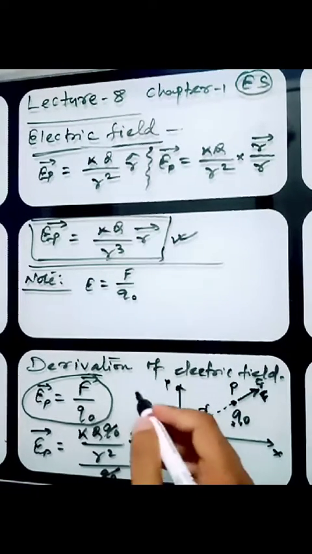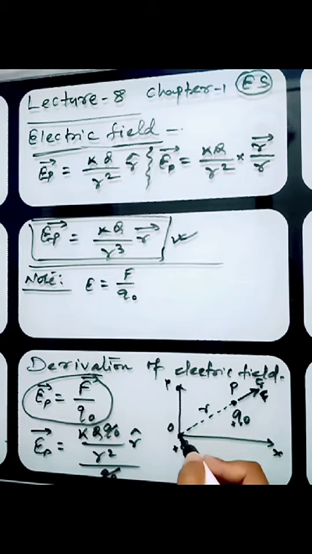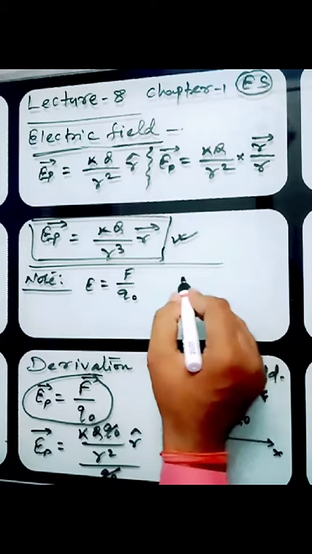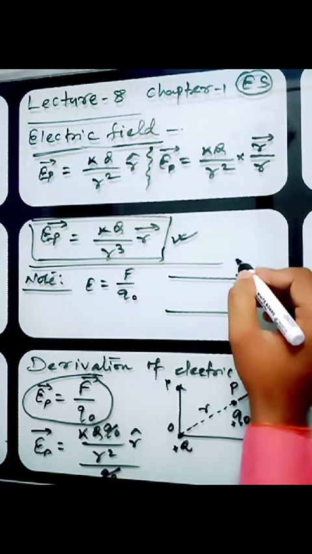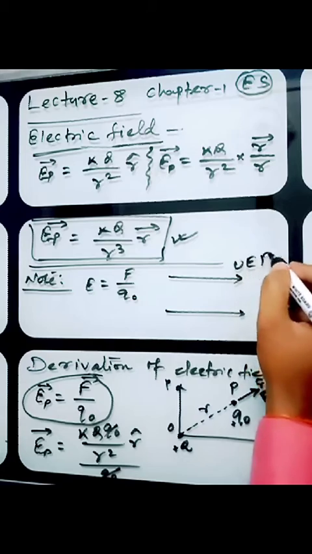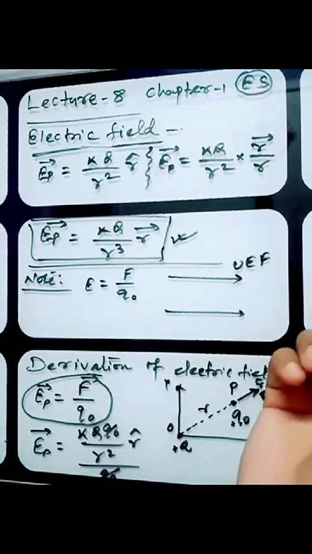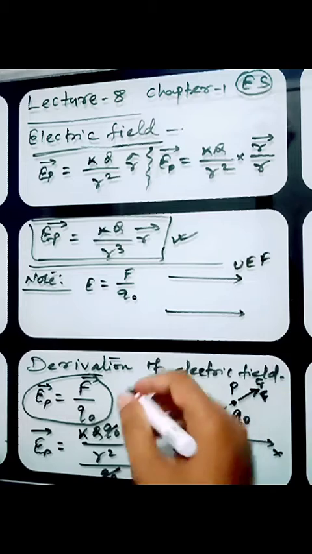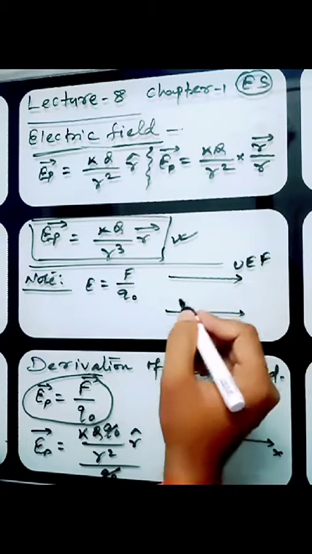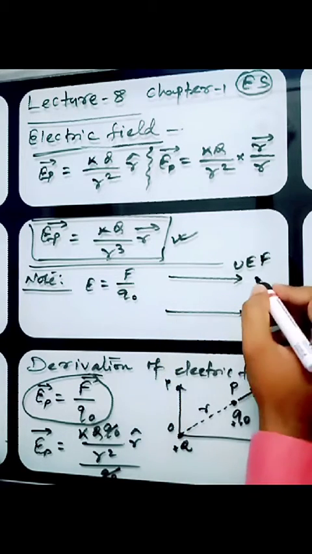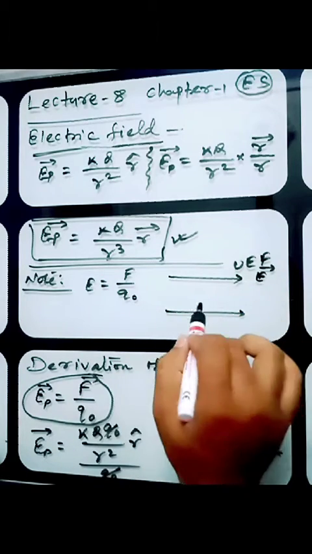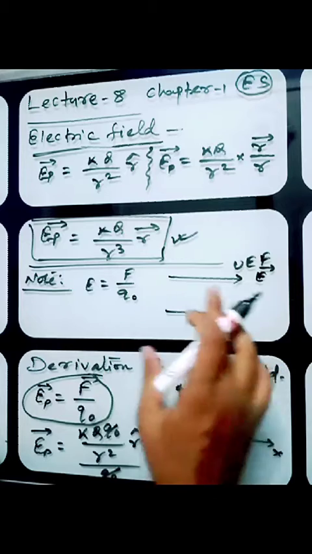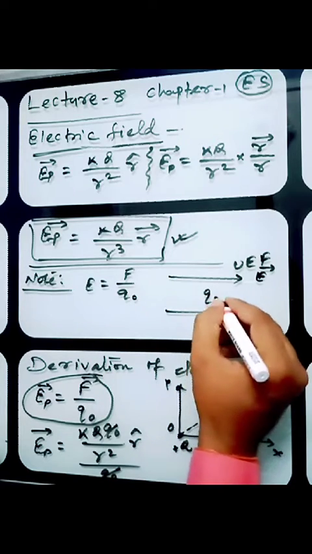It is quite obvious. If any charge is placed in the presence of an electric field, this charge will start experiencing a force. Suppose this is an electric field, a uniform electric field. We'll talk about the non-uniform electric field also. In a uniform electric field the strength of the electric field is E. Whatever may be the source of the electric field, we have placed a test charge here.